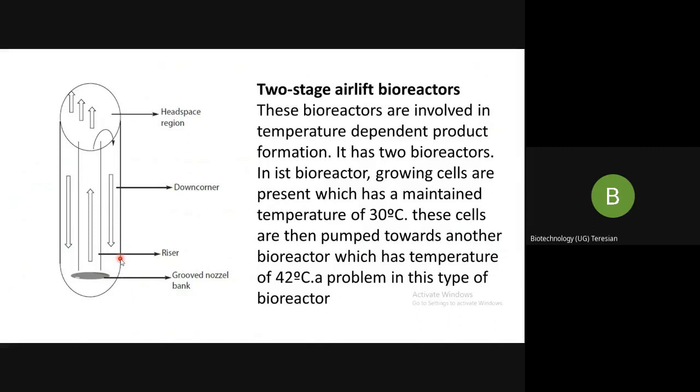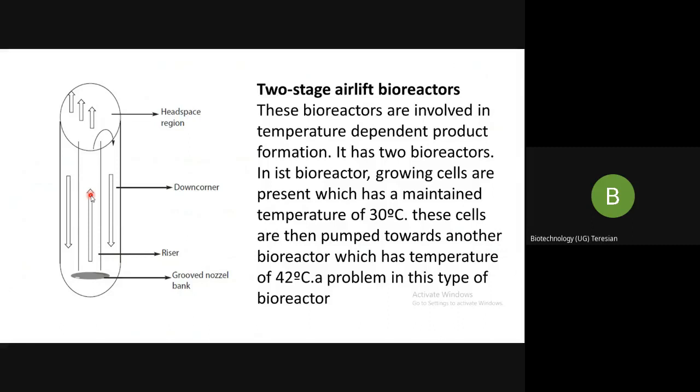Due to high efficiency, airlift bioreactors are preferred in methanol production, wastewater treatment, and single cell protein production. So this is the mechanism of the airlift fermenters.